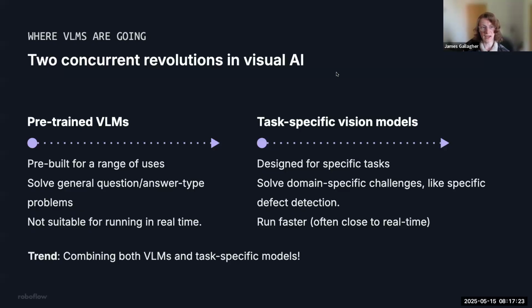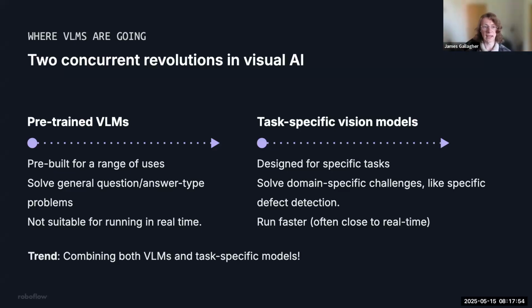Now, the next thing is where are VLMs going? At Roboflow, we consider there to be two concurrent revolutions going on in vision AI right now. The first is that pre-trained LLMs, which only 2 years ago were relatively sparse in terms of availability. We had VLMs, but one of the ones that really changed how we interact with them was when OpenAI released GPT with Vision, and you could upload an image and get a response to your question.